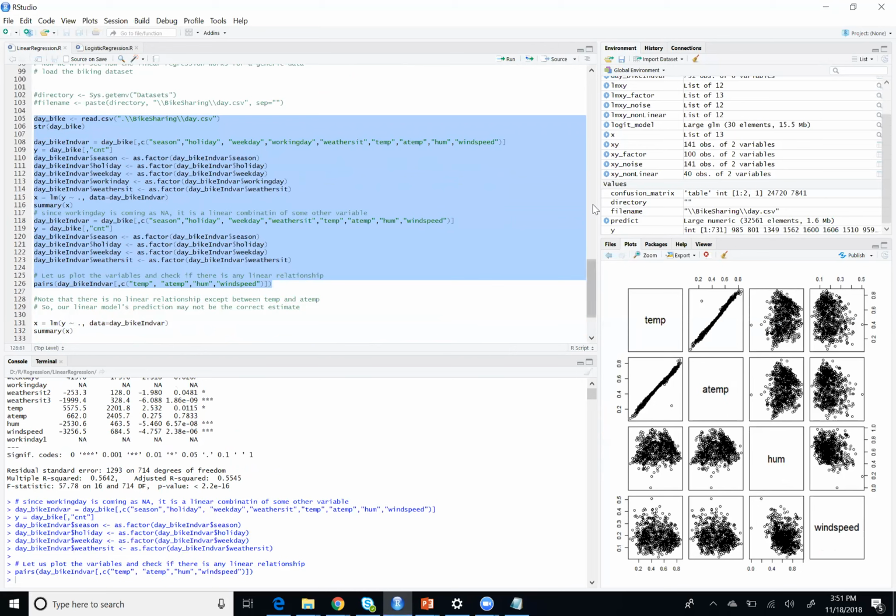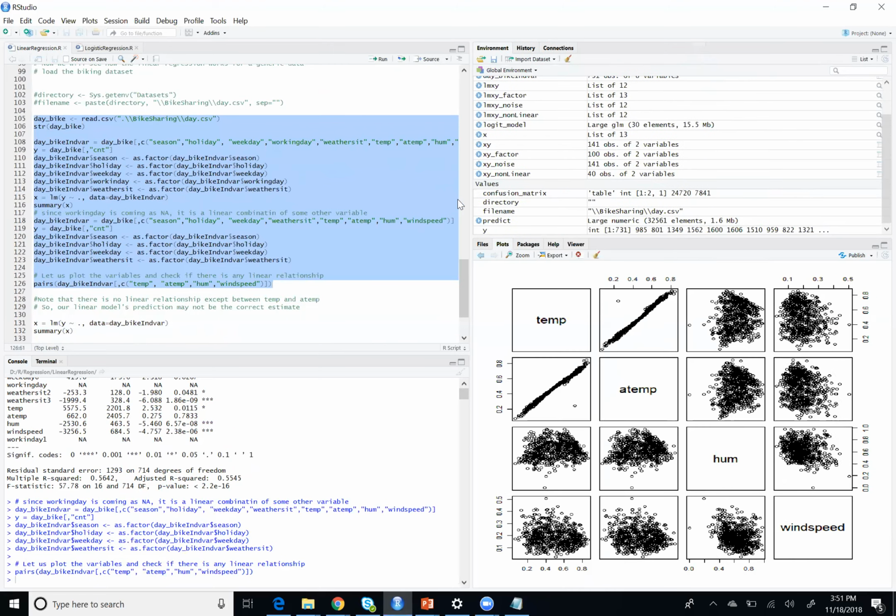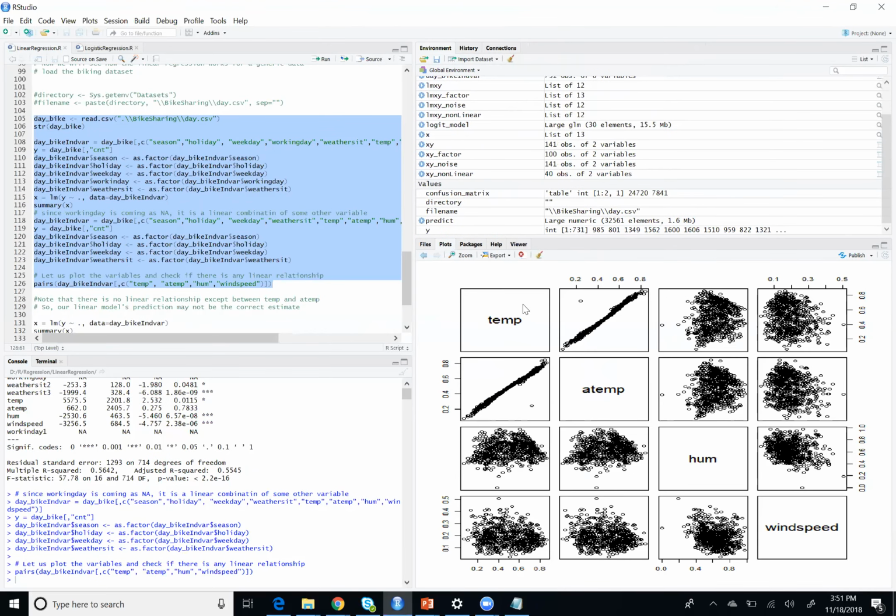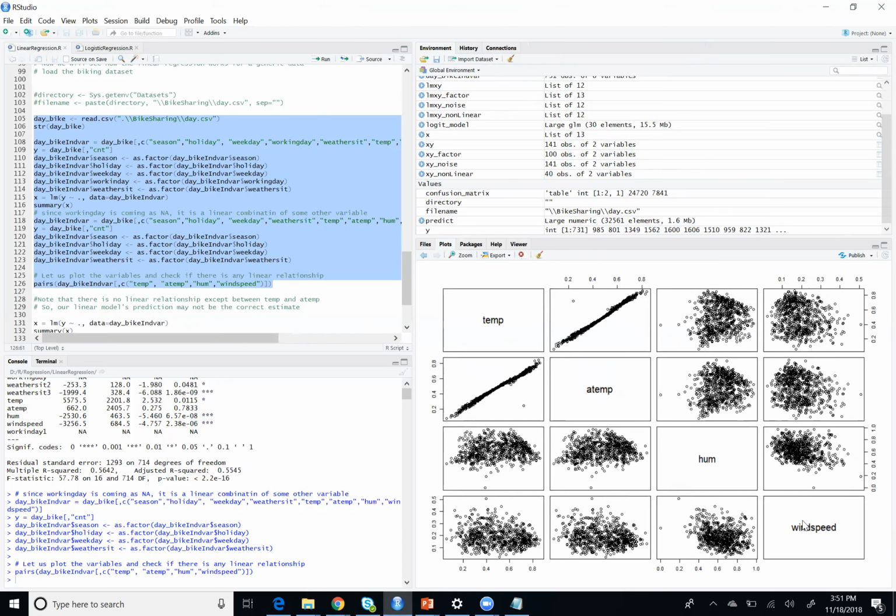When we do the case study, you'll understand this better. What I did here is a scatter plot of each of the variables which I considered for the biking data. The biking data set in today's class has different parameters like temperature, humidity, wind speed, and stuff like that.